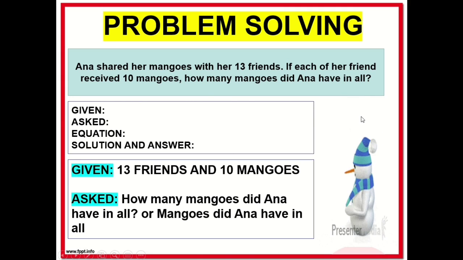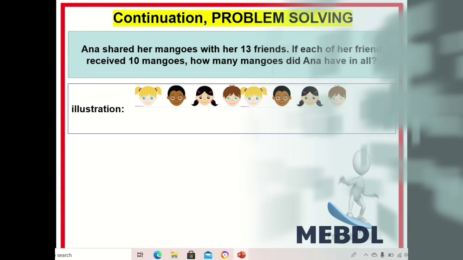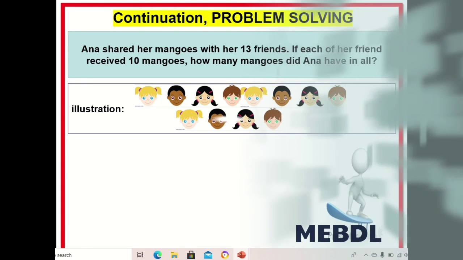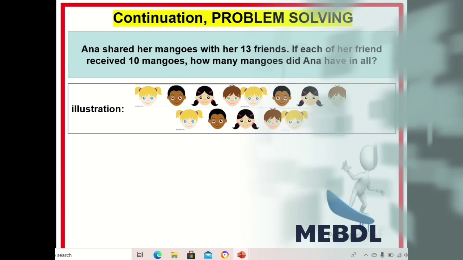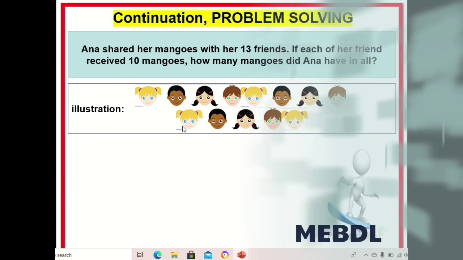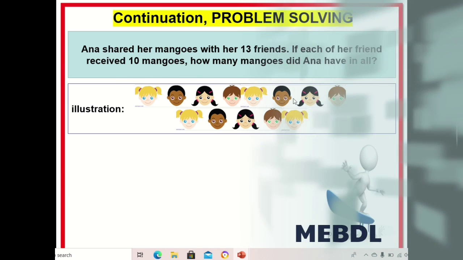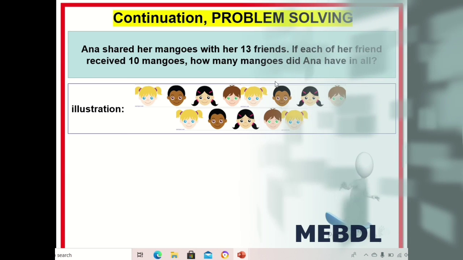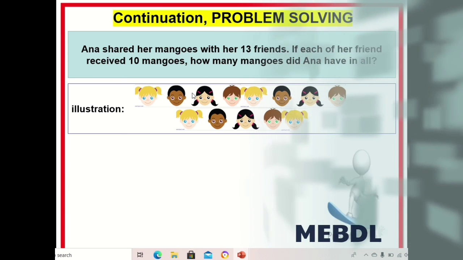Okay, let's proceed to the second and third steps. We have used 13 faces which represent 13 of her friends, and if these 13 faces got 10 mangoes each, how many 10 mangoes do I have?